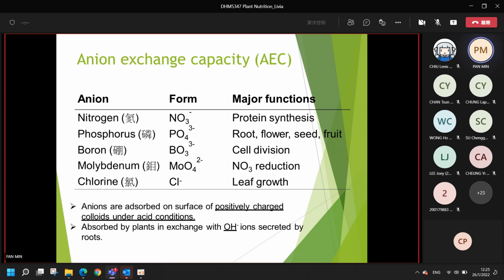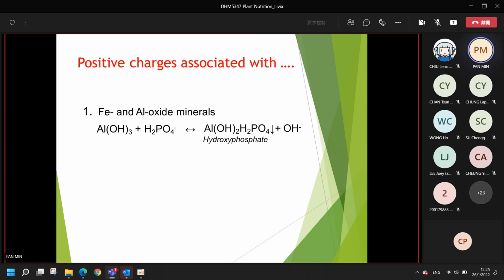And the anions absorbed by plants are exchanged with hydroxide ions secreted by the root. So as they exchange, they can be absorbed directly by the root cell membrane.